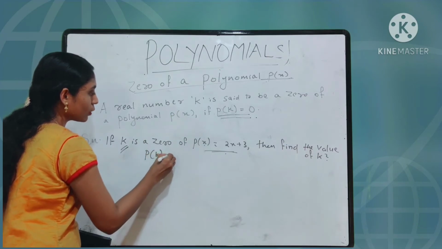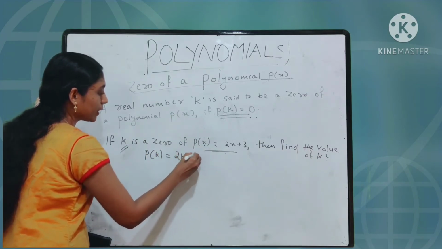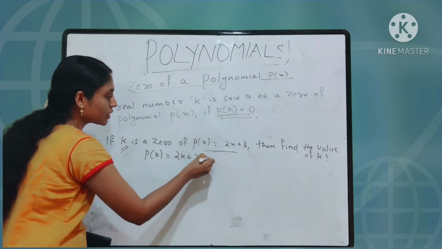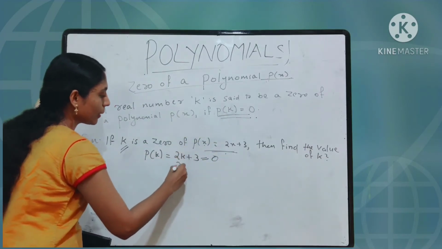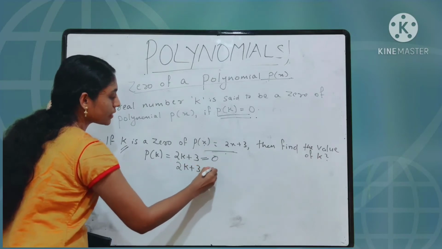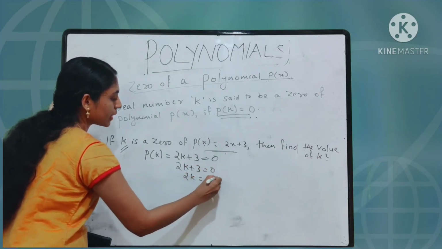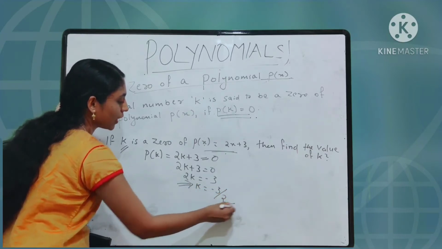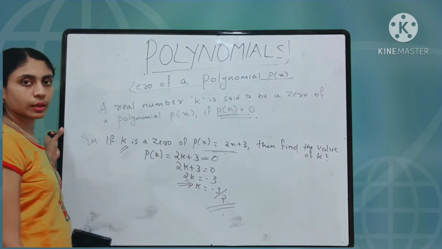P of k is equal to 2k plus 3, and it is given that it is a 0 in this polynomial, that means it is equal to 0. That is 2k plus 3 is equal to 0 implies 2k is equal to minus 3, implies k is equal to minus 3 by 2. So what is the value of k? Minus 3 by 2 or minus 1.5.